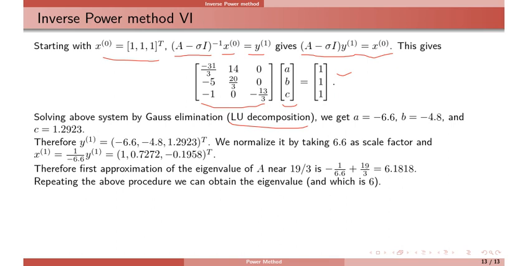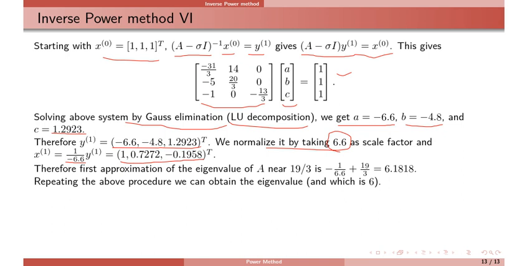I have solved this system using Gauss elimination. So a is minus 6.6, b is minus 4.8, and c is 1.2923. This is y1, so normalize or scale it by taking the largest entry outside, with sign. Just pick minus 6.6 outside, and the remaining vector is the eigenvector, denoted by x1.